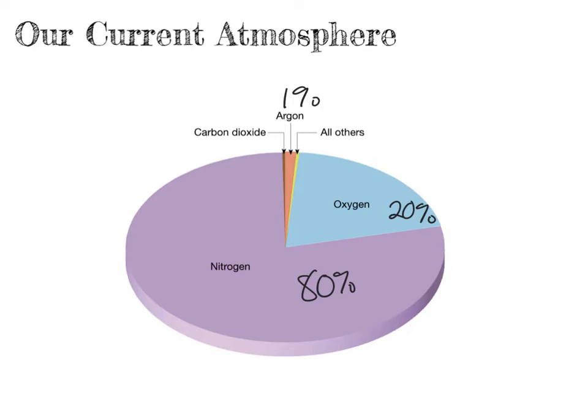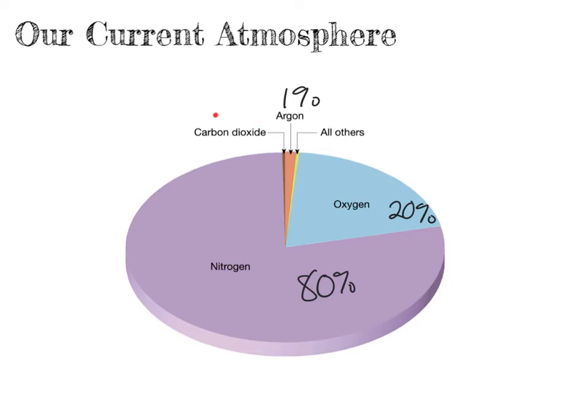And all of the other gases in our atmosphere are less than 1%, including carbon dioxide, methane, some other noble gases, water vapour, and so on. Now, it might surprise you to see that carbon dioxide takes up less than 1% of our atmosphere, because with all of the discussion at the moment about global warming and greenhouse gases and the problems with putting too much carbon dioxide into our atmosphere, people tend to assume that more than 1% of our atmosphere is carbon dioxide.